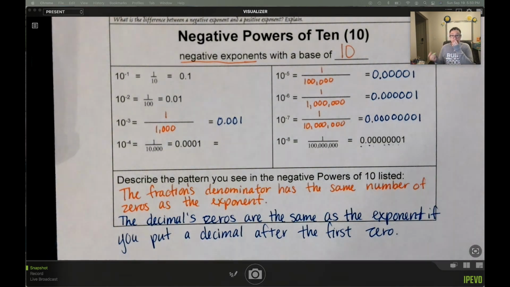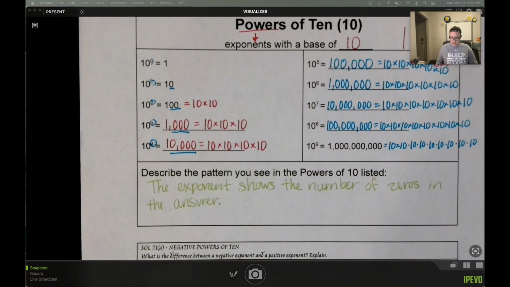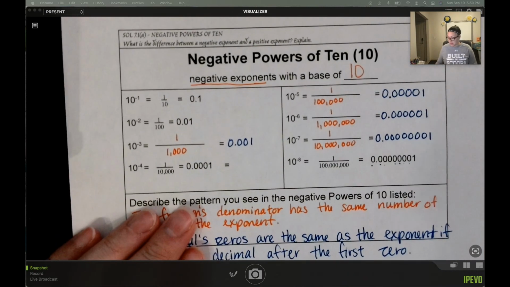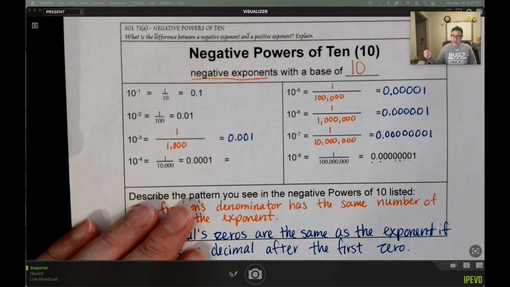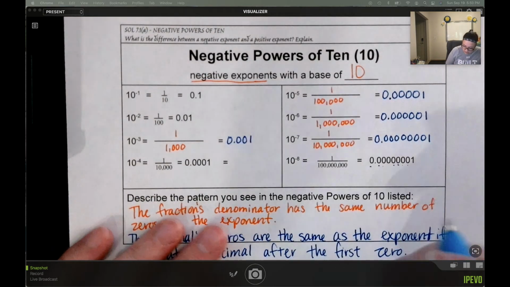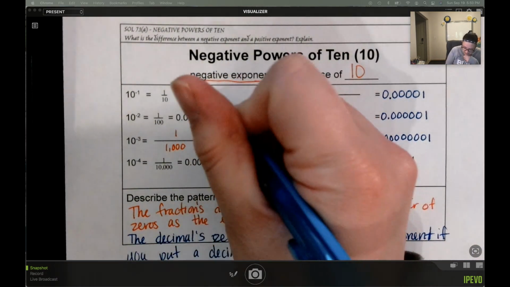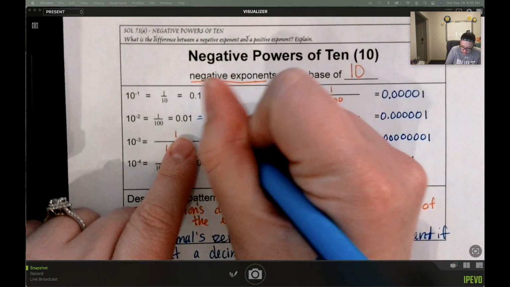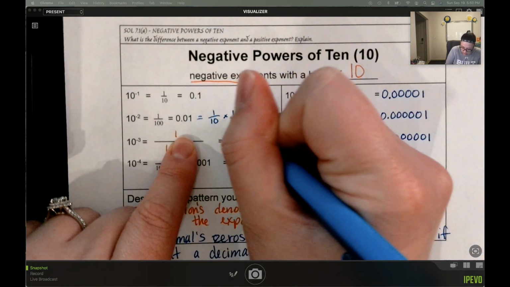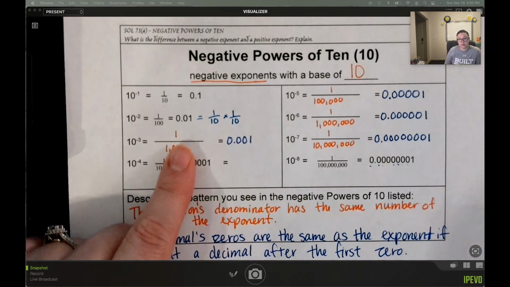So the way that this looks in expanded form, before we were multiplying times 10, but because we have the negative exponent now, we're multiplying times a 1/10 fraction. So here, this would just be that fraction 1/10. Here, this would be 1/10 times 1/10.